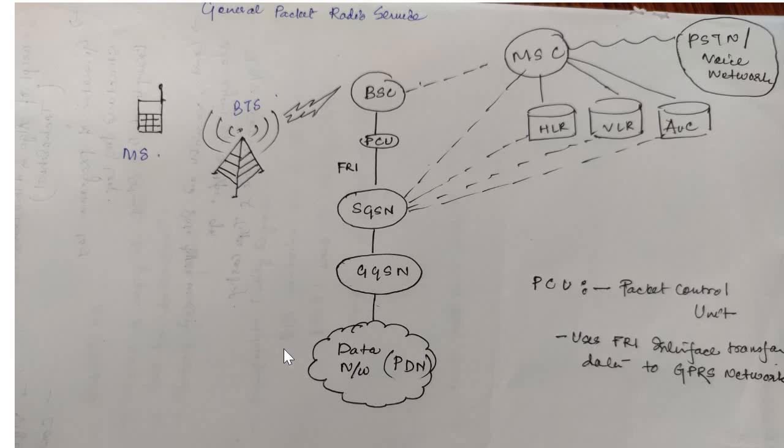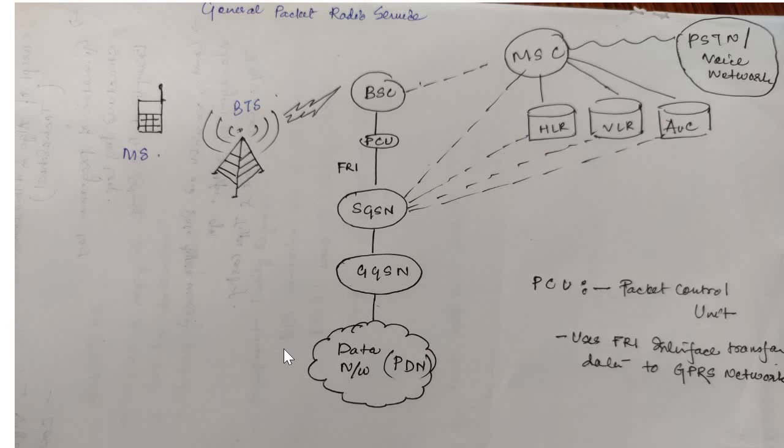Hello everyone. Now coming to the GPRS architecture, we are going to study each and every functional component of GPRS, what the new additional components are, and what their functionality is in order to provide data along with voice communication.